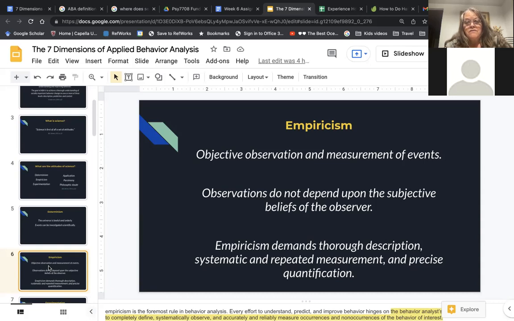Now, empiricism is the foremost rule in behavior analysis.